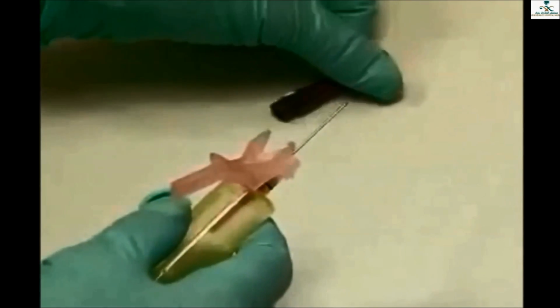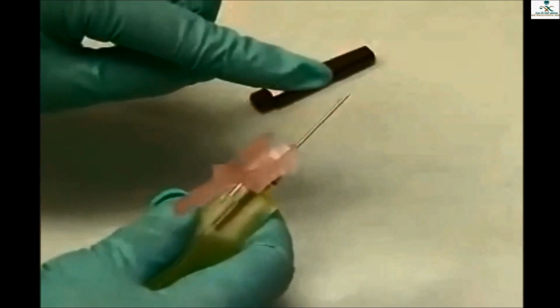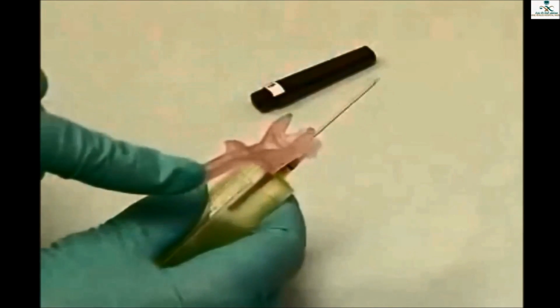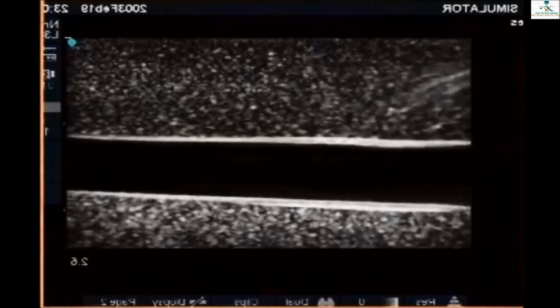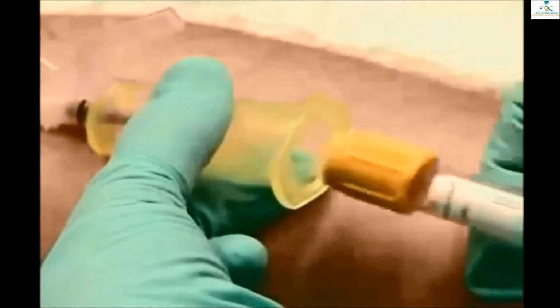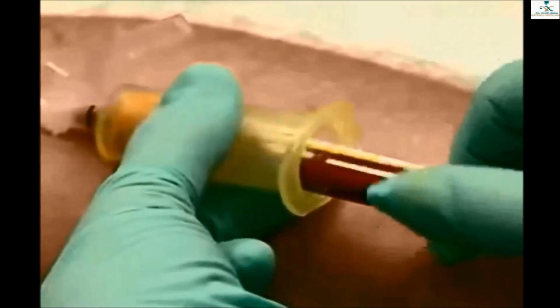Be sure that the bevel is up. Make the contact angle to the skin about 30 degrees. Fill the tubes in proper order of draw.